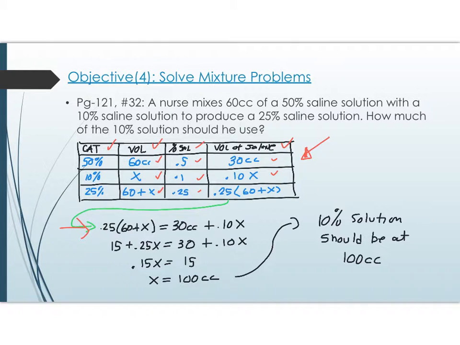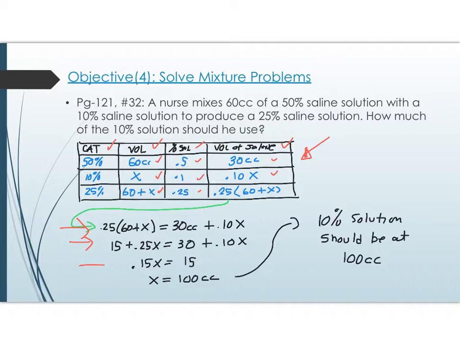I have 0.25 times 60 plus x is equal to 30 cc's plus 0.10x cc's. I'm going to drop the cc's, and I get 15 plus 0.25x when I do the distribution is equal to 30 plus 0.10x.